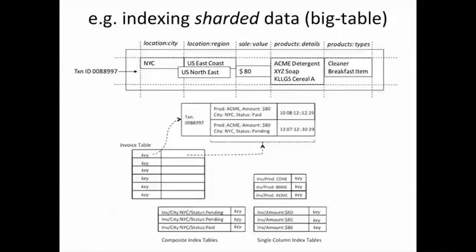Similarly, one could create index tables for amounts as well as for combinations between, say, city and the status of the index of the transaction. It's also useful to create this index in sorted form, so that when you insert the records in an index table, they actually get inserted in sorted order.